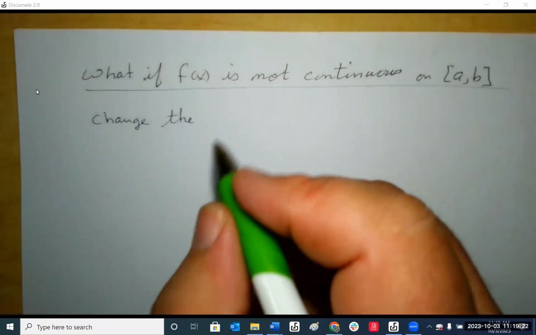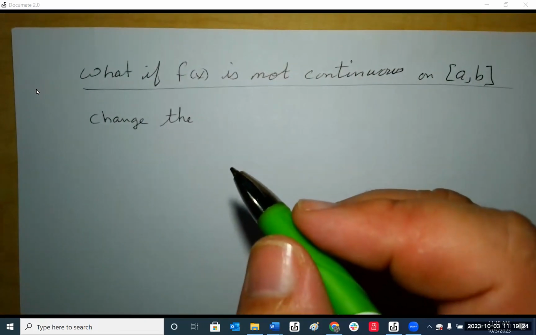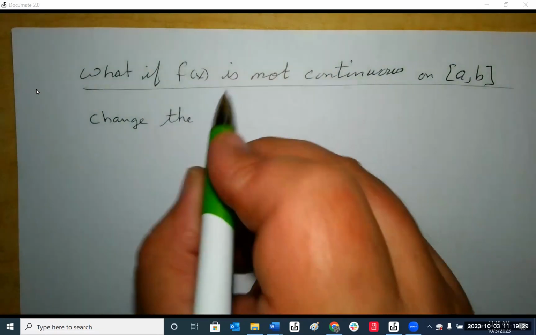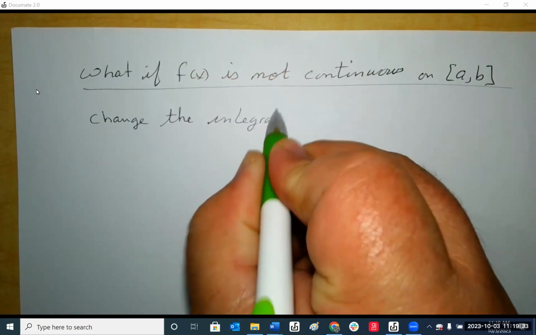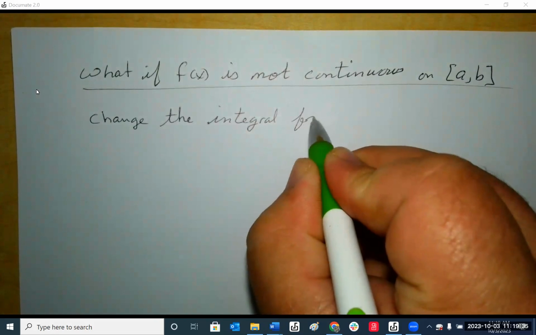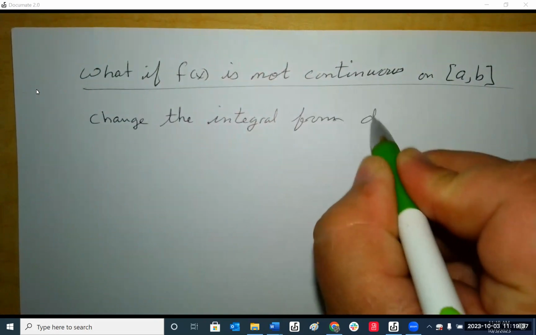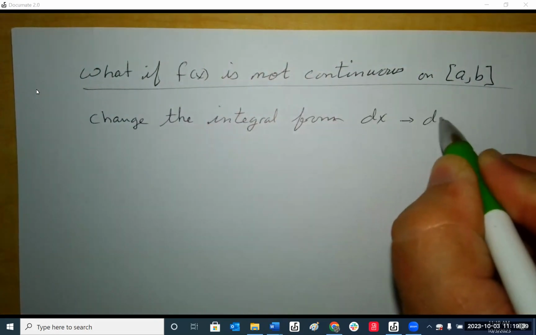Change, not the order of integration, but change the integral from dx to dy.